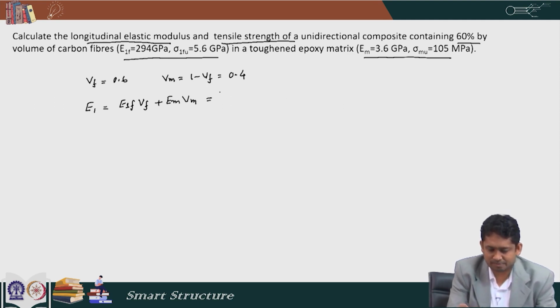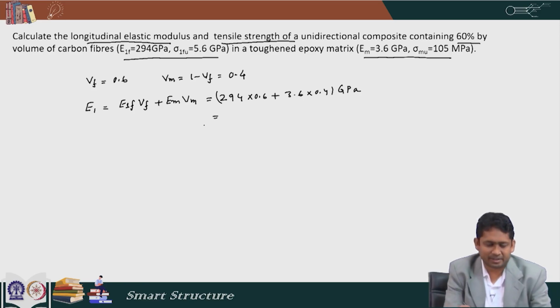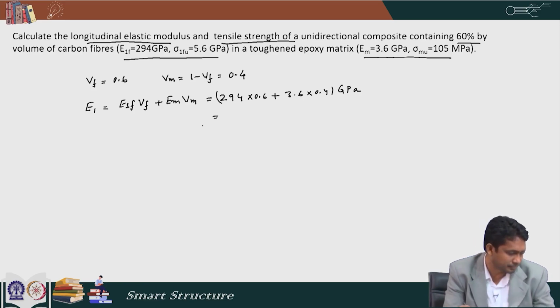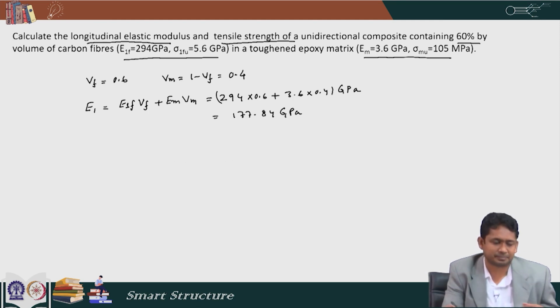E1F is given to us. So, 294 multiplied by 0.6, plus Em, which is given as 3.6, multiplied by 0.4, and the entire thing in GPa, and finally the value comes to be 177.84 GPa.